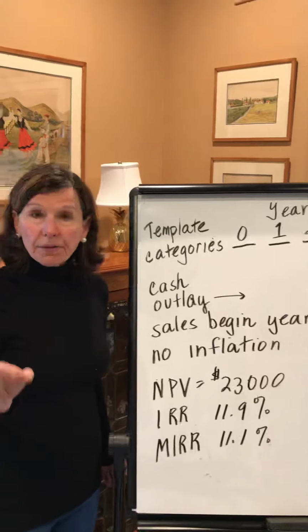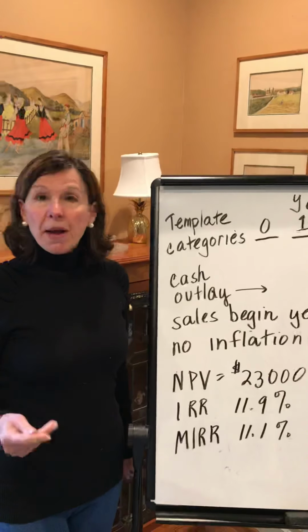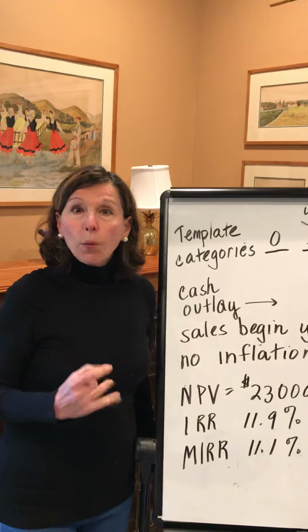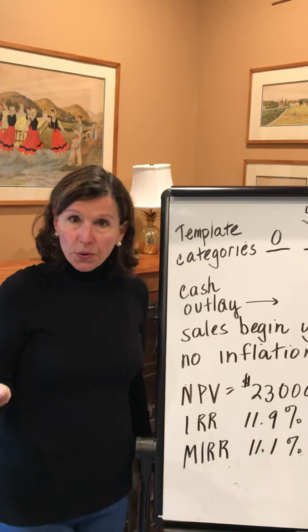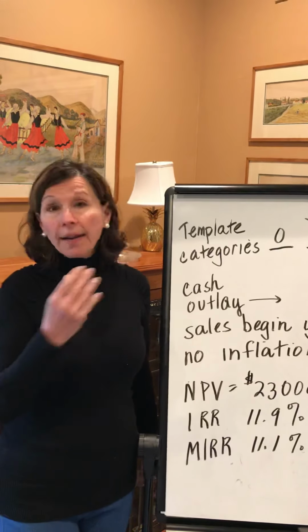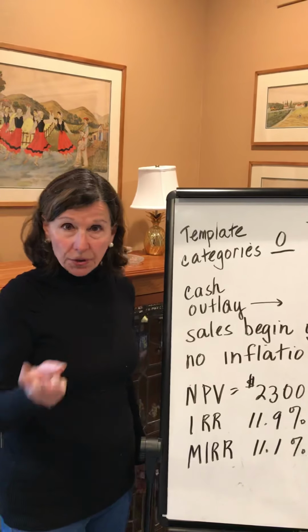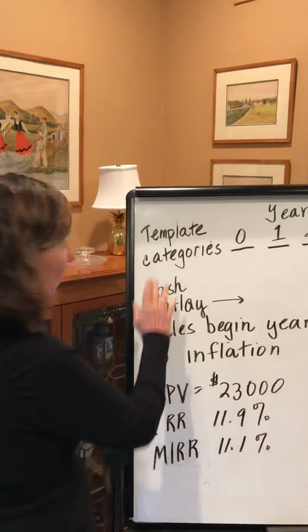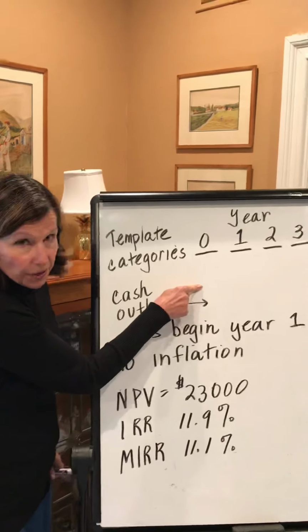The other negative outflow in year 0 was the amount of money that the company said they needed to invest for working capital. So that amount and the equipment purchase are your two negative amounts for year 0. There are no sales in year 0.